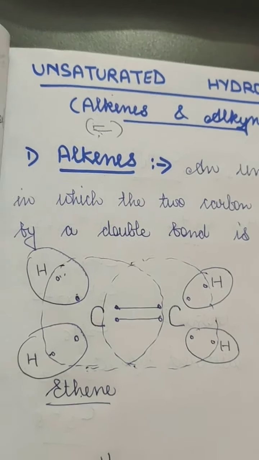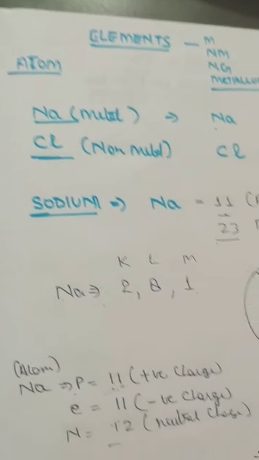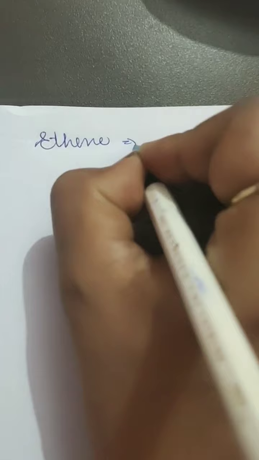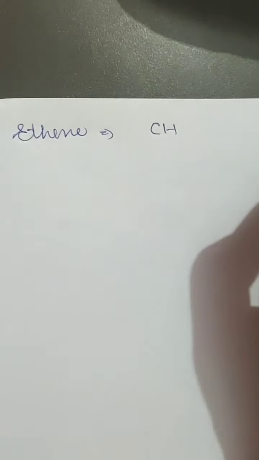Now, in the next case, first we have read about ethene. If you remember, the general formula is CnH2n, so when C is 2, H will be 4.